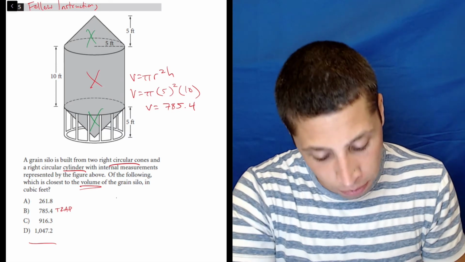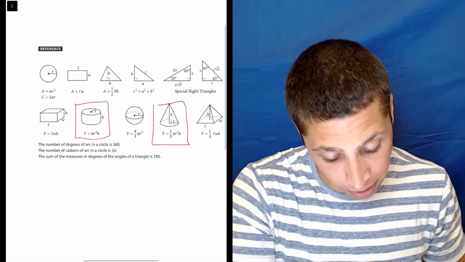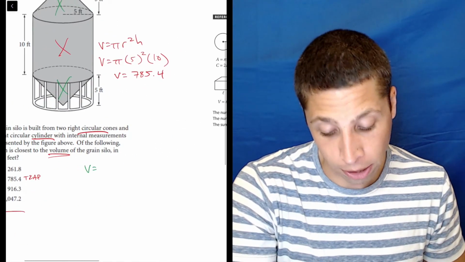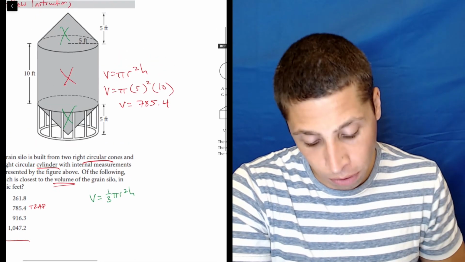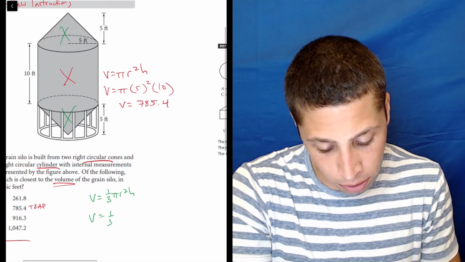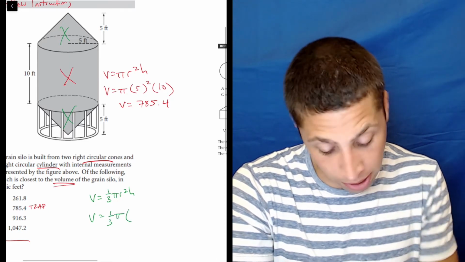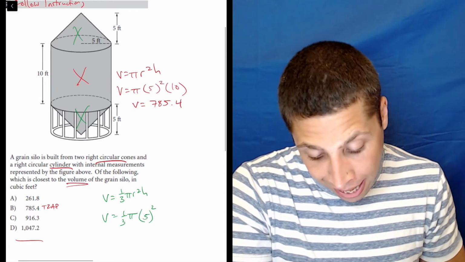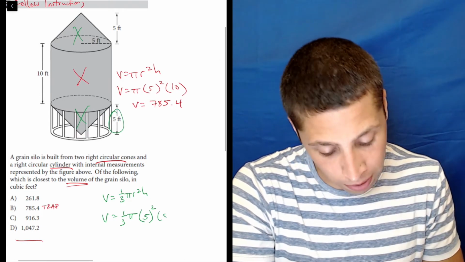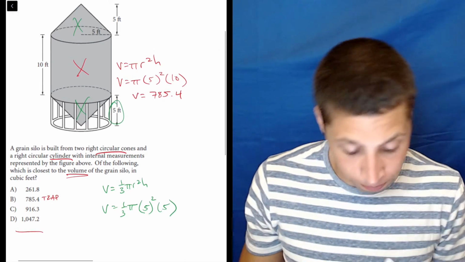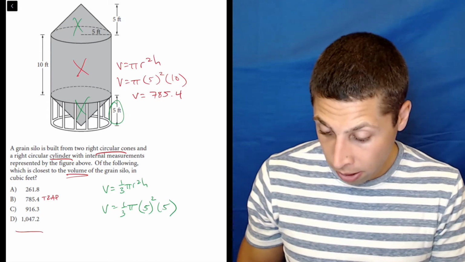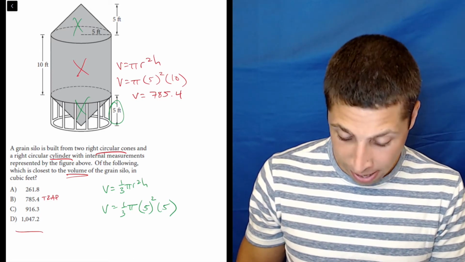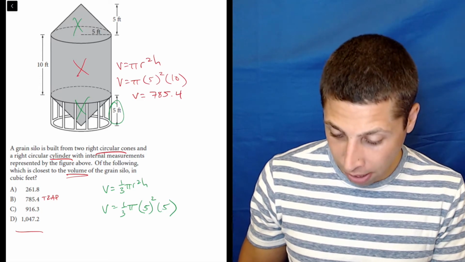So the volume of a cone, let's see, is 1/3 pi r squared h. So very similar to the cylinder. 1/3 pi r squared h. In this case, the 1/3 pi stays. The radius is still 5. And the height, you can see, is also 5. So let's do 1/3 times pi times 25 times another 5.